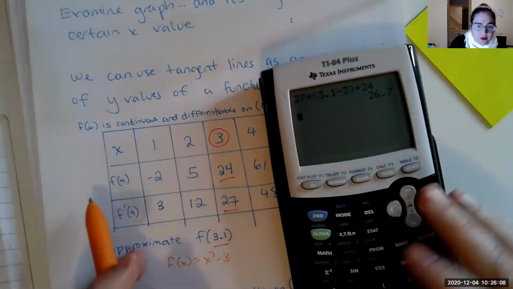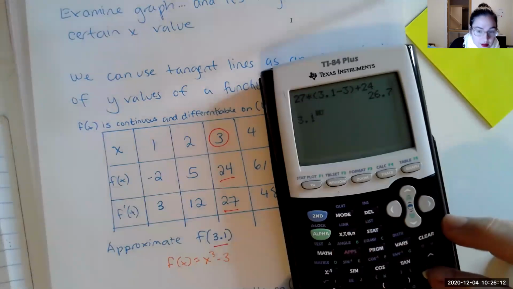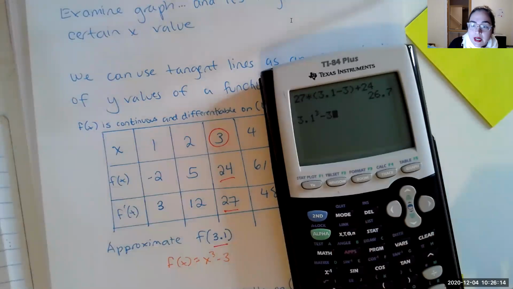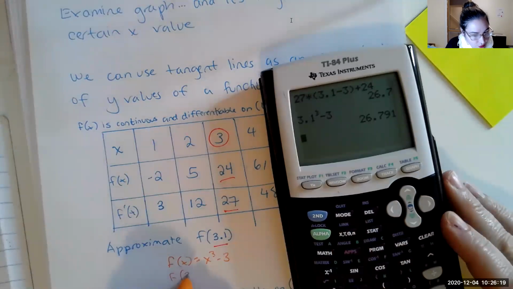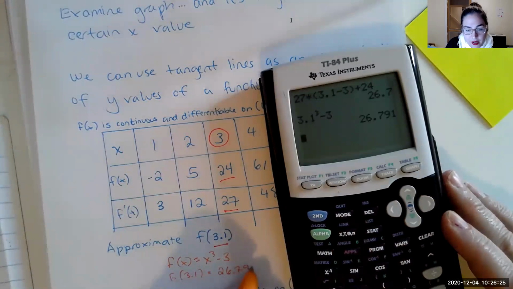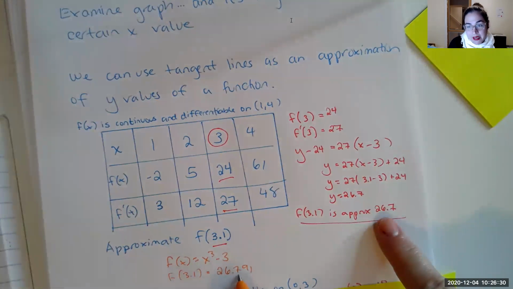So let's take the actual value just for fun. 3.1 cubed minus 3 is 26.791. So the actual value of the function is 26.791. So it's pretty close, right? It's not precise, but it's close.